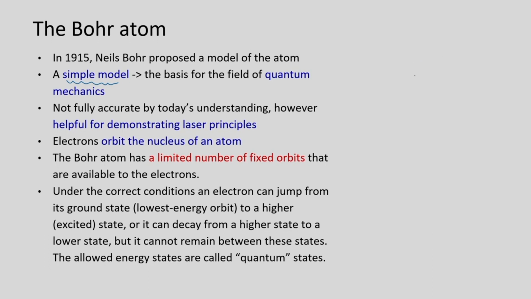So, let us consider there is a nucleus which is positively charged, and about that nucleus we have a fixed number of orbits and the electrons are moving in those orbits.